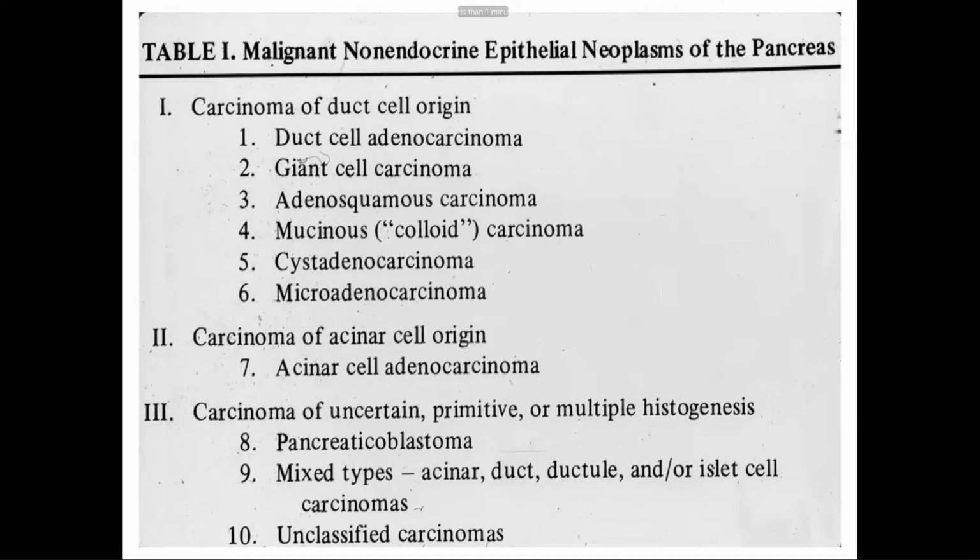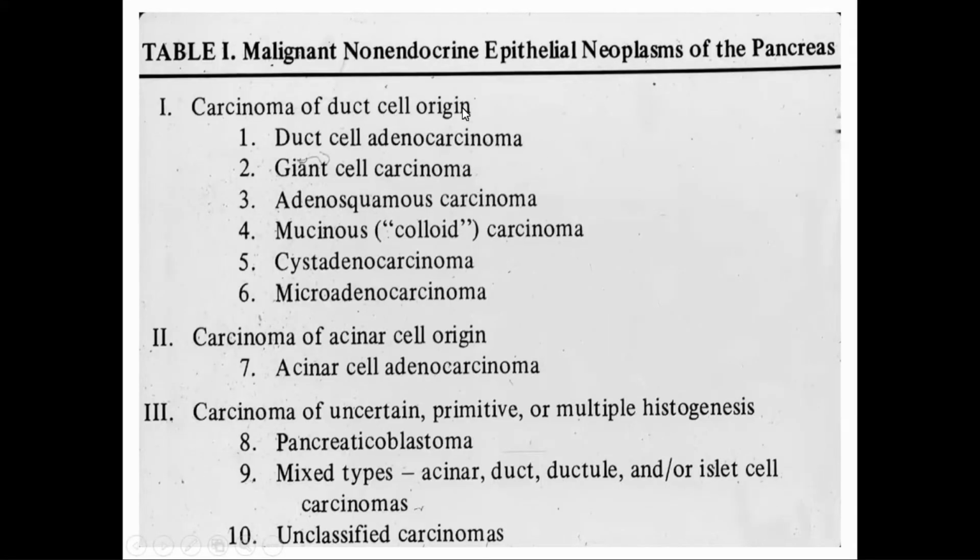So all those neuroendocrine cells can give rise to a tumor: insulinoma, producing insulin, gastrinoma, producing gastrin, somatostatinoma, and non-endocrine tumors of the pancreas.